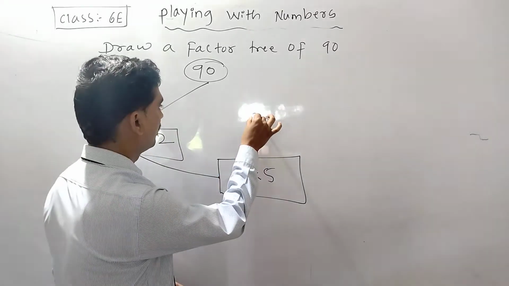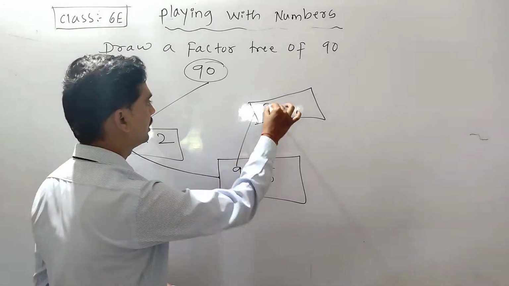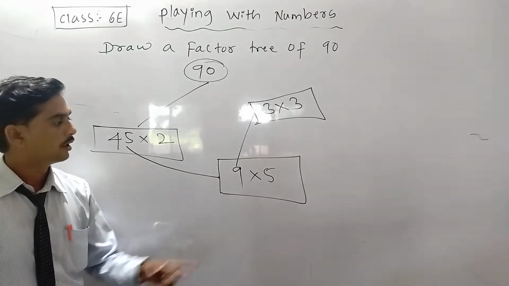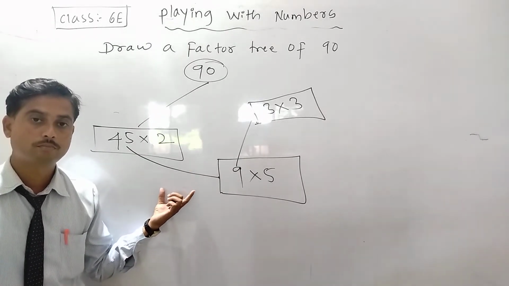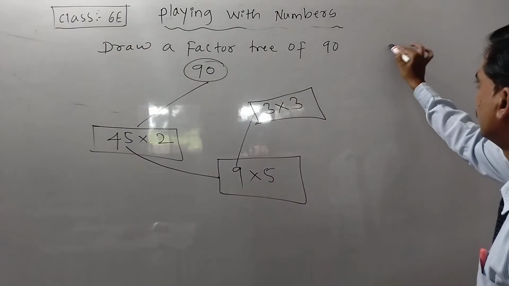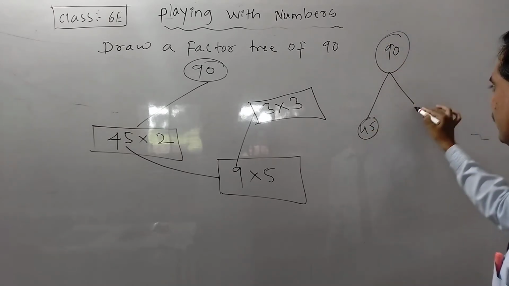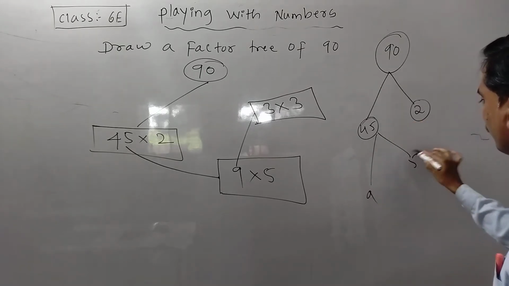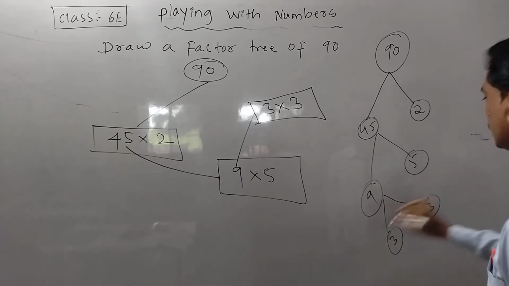Then 9 is the product of two numbers: 3 into 3. 3 threes are 9. This type also we should draw for the factor tree. Otherwise we don't know how to draw it. 90: 45 and 2, then 9 and 5, and 3 and 3.